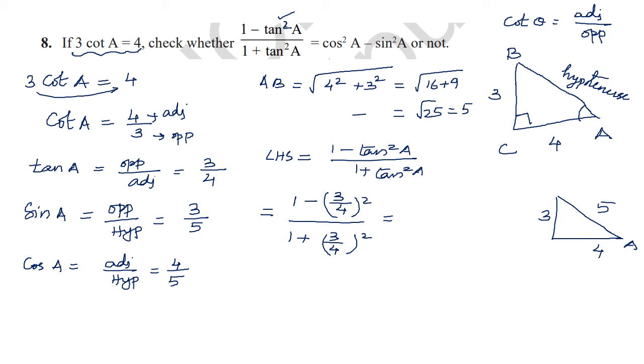So what do you get? 1 minus 9 by 16 by 1 plus 9 by 16. 16 minus 9 is 7 by 16 by 25 by 16. So 16 and 16 will get cancelled. You are getting 7 by 25.